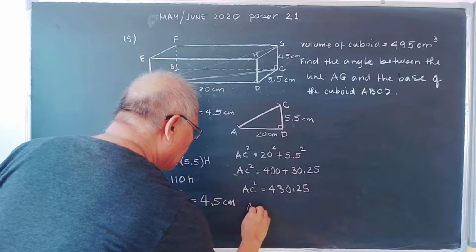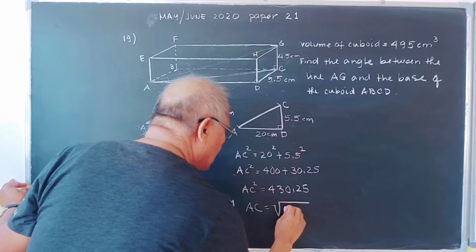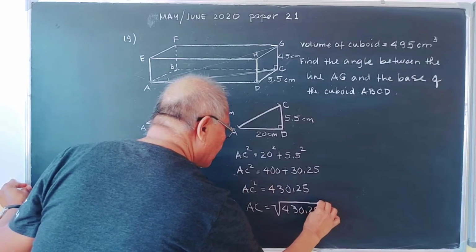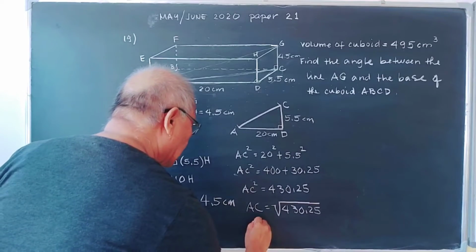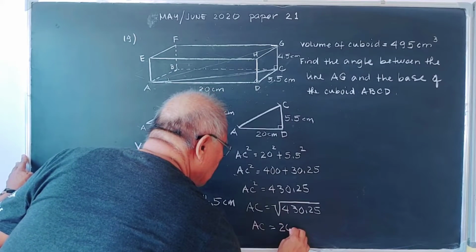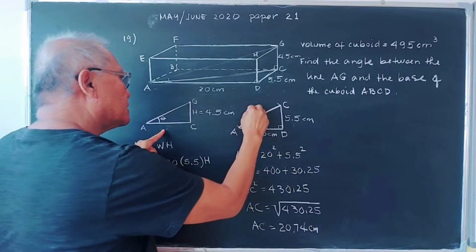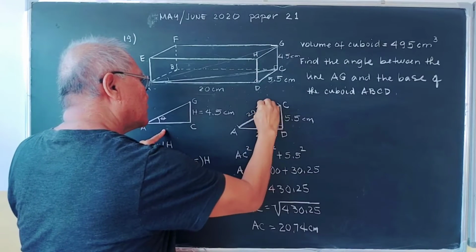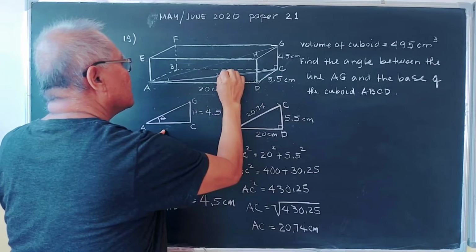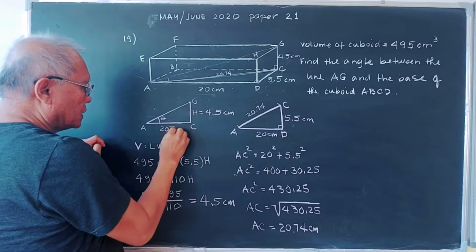We take the square root of 430.25, and the length of AC is equal to 20.74 cm. Therefore, this AC is 20.74.